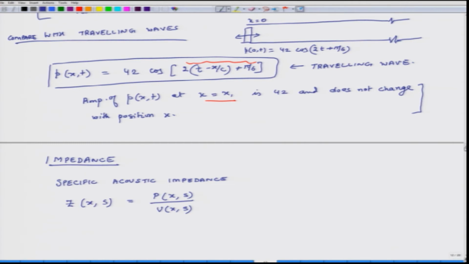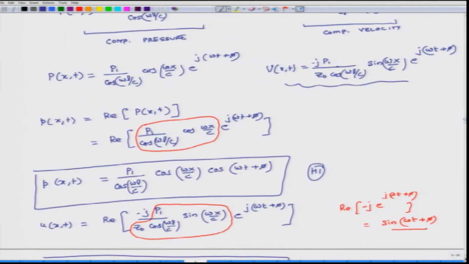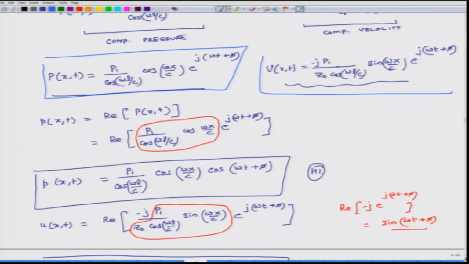So, what is the complex amplitude of the pressure wave for the standing wave which we had discussed? Okay. So, let us look at these. This is the relation for complex pressure. So, to find this ratio we have to look at the complex pressure relation and the complex velocity relation. This term is the complex amplitude for the pressure wave. Time is out, and actually in this phi should also be in it. Okay.